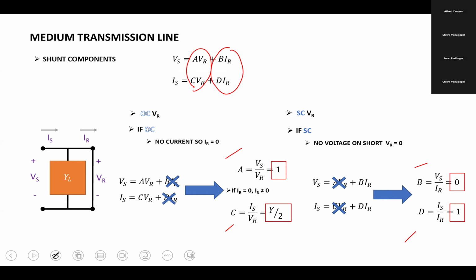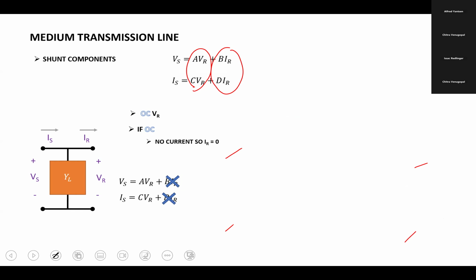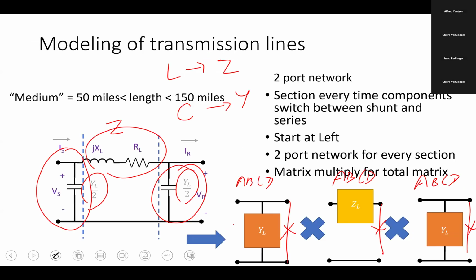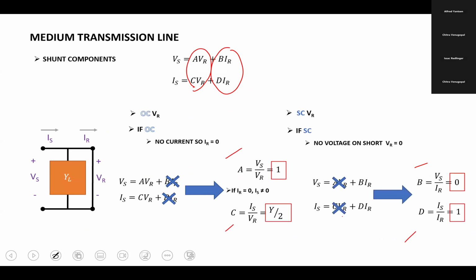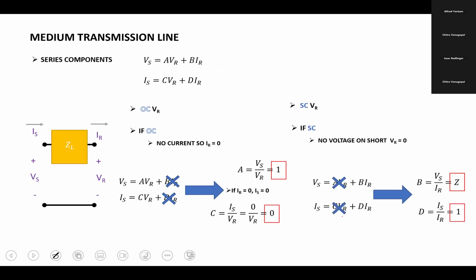So do the similar practice for the other 2 sections. Look at here. The first section and the last section are the same. Whatever you do for this section, you can apply to the other. Whereas for the middle one, you have to do it a different way. Take this one again.